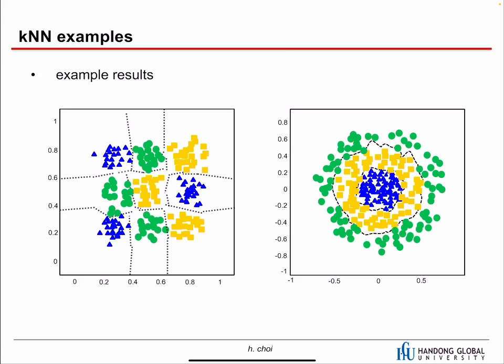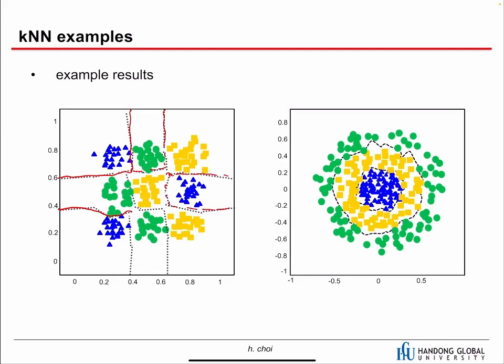And if we apply kNN to these samples, then we might have these boundaries. By the way, this boundary is just something we drew for this figure. This is not an actual result. But if you apply kNN, then probably we can have this kind of boundary.